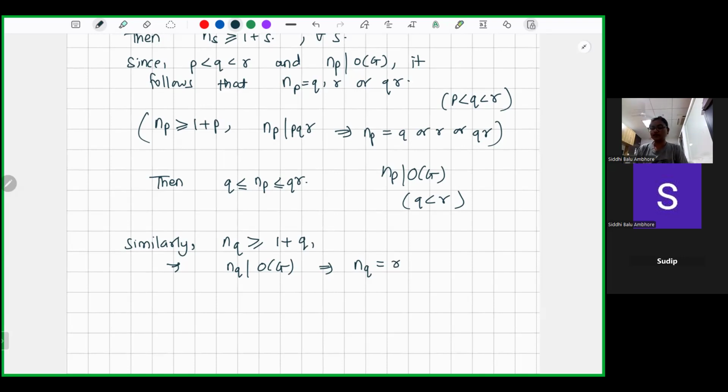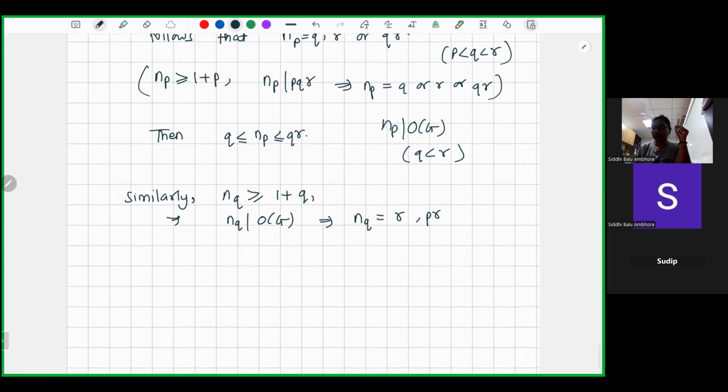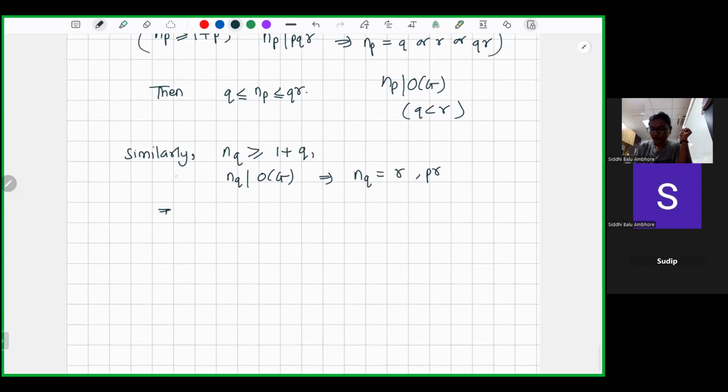This will be R, right? This will be R or PR. Therefore, R is less than or equal to NQ less than or equal to PR. So in short, what I have is NQ is greater than or equal to R.